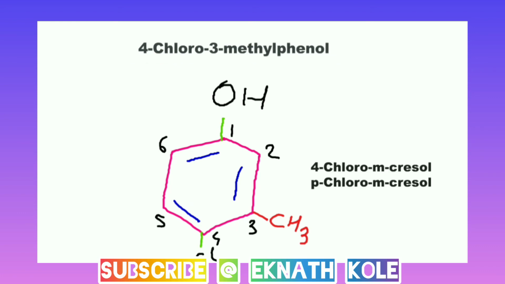So I have put the chlorine on the fourth position, and you get the structure of 4-chloro 3-methyl phenol. You can see the 4-chloro, 3-methyl, and the rest of the structure is a phenol. So this is the structure of chlorocresol.